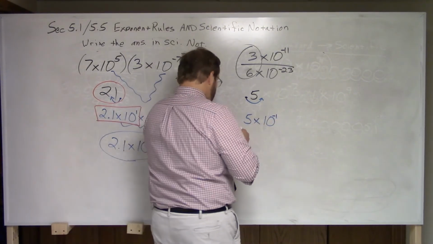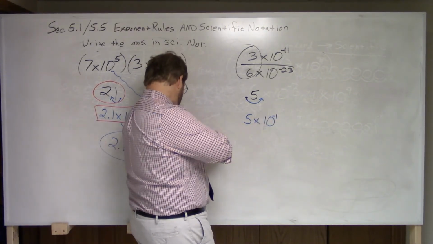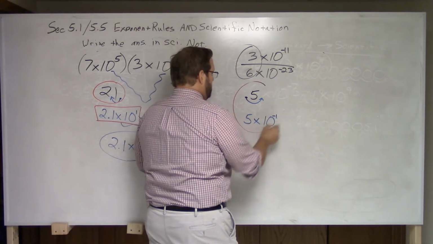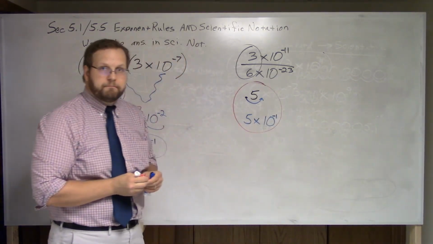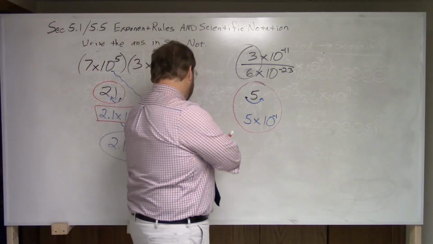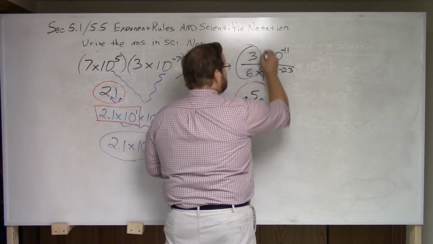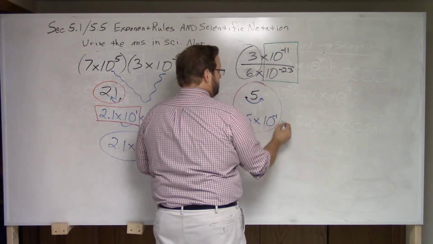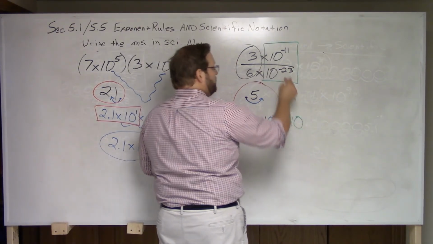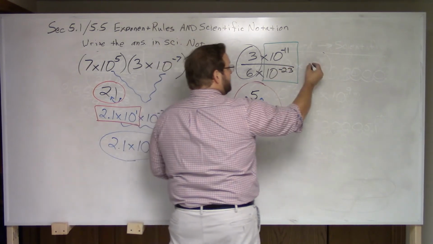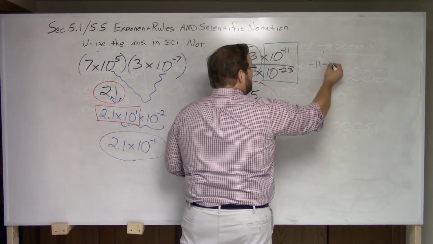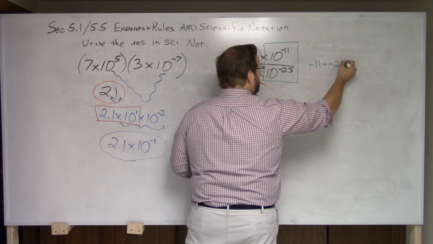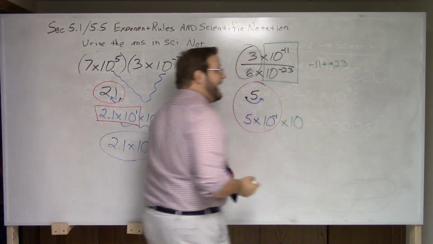Then so right now, this all is the same thing. At this point, I can then pull these 10s together. Remember, I subtract. So I have a negative 11 minus negative 23. So I'm really adding.